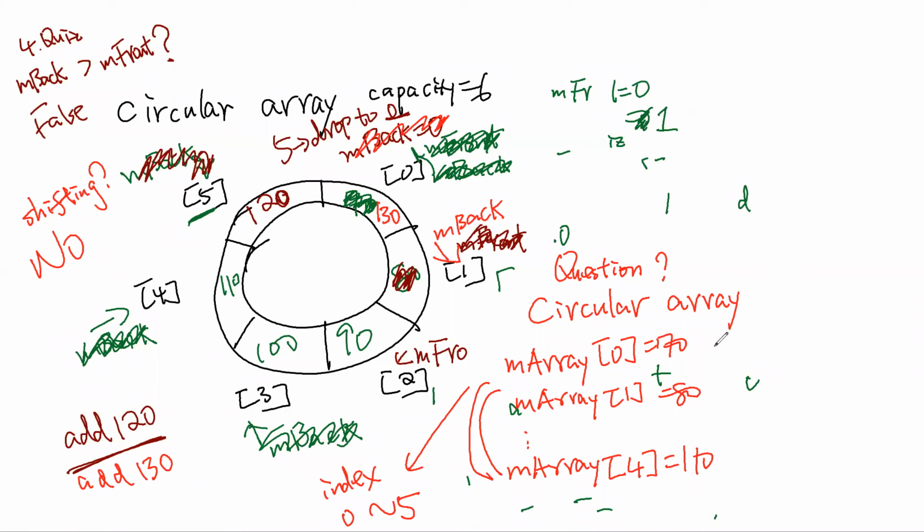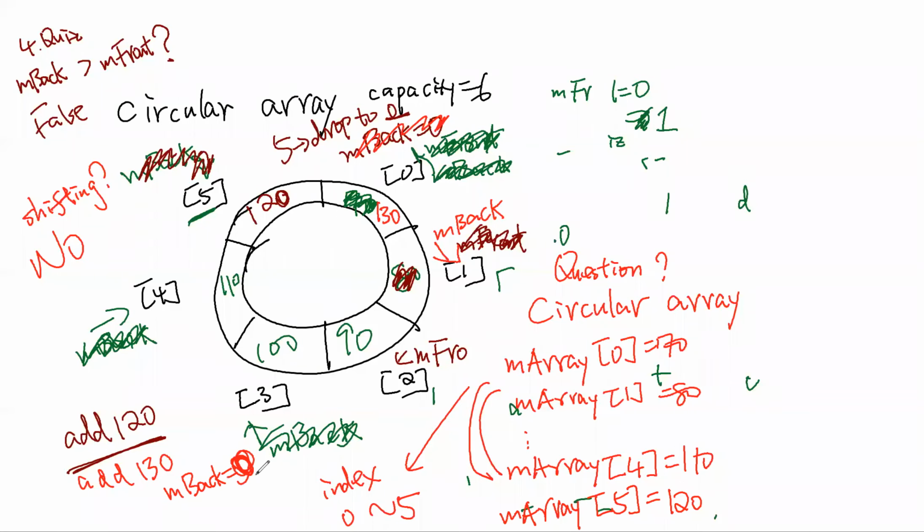So now, okay, that's the case. We add 110. 110 is then added at M array sub 5. So in this case, the back jumps to 0.